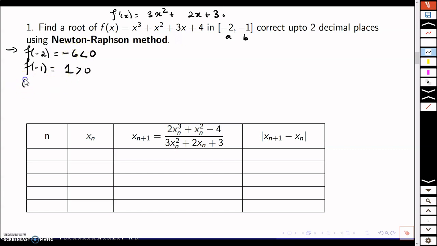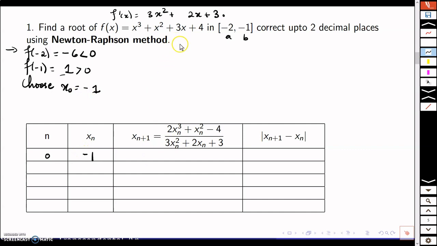So I will choose the first approximate root as x naught, and that will be -1, because the value of the function at the point -1 is closer to 0 compared to the point -6, right? So the 0th iteration, or you can say that it's the first iteration. In fact, you can start with x1 also here, because these are just notations. Okay, so x0 would be -1 here.